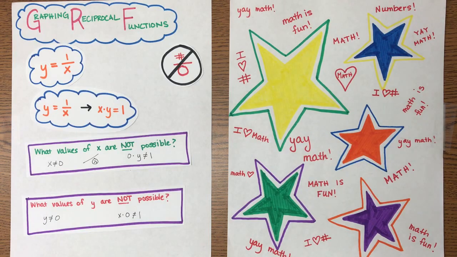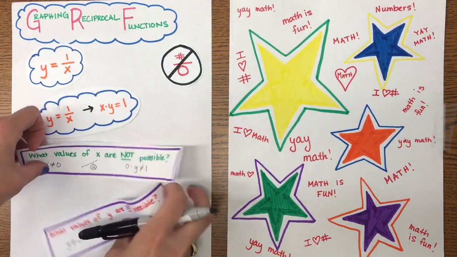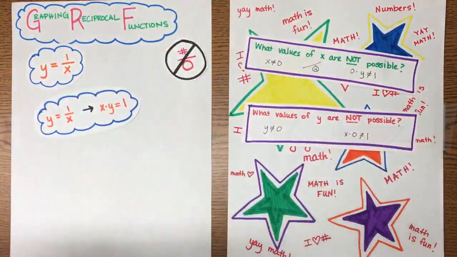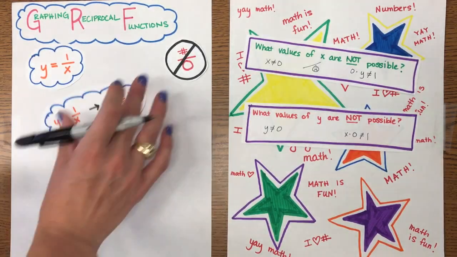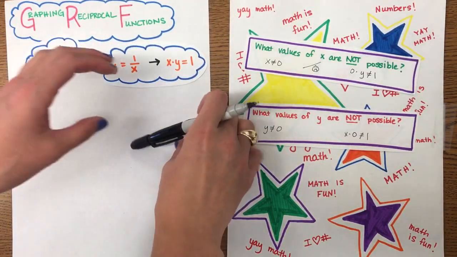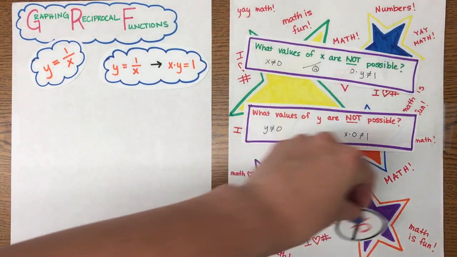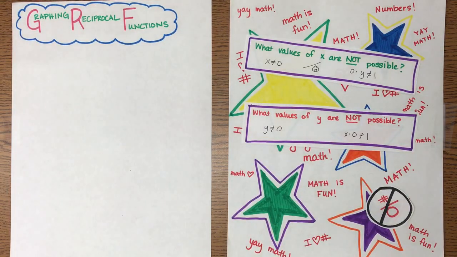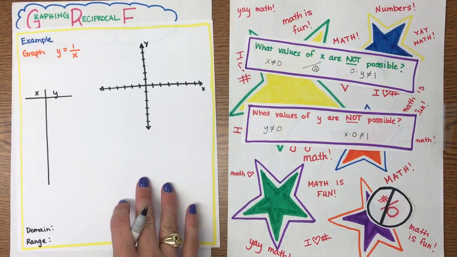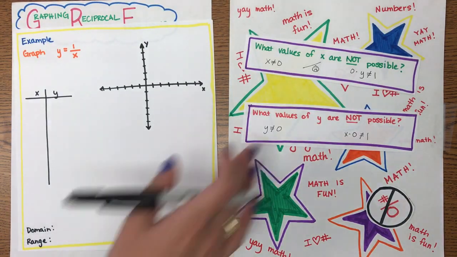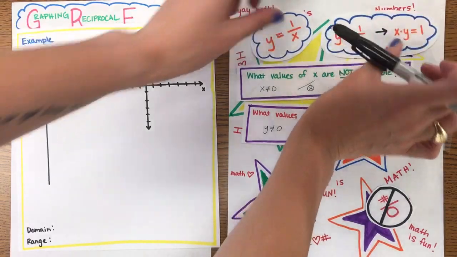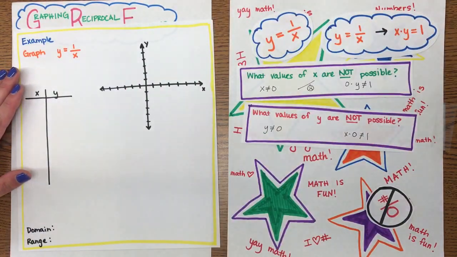So when I've got this information about what x and y can't be, we will end up having asymptotes in these graphs. So I'm going to keep all of this key information over here, and we are going to look at the basic example, graph y is equal to 1 over x.